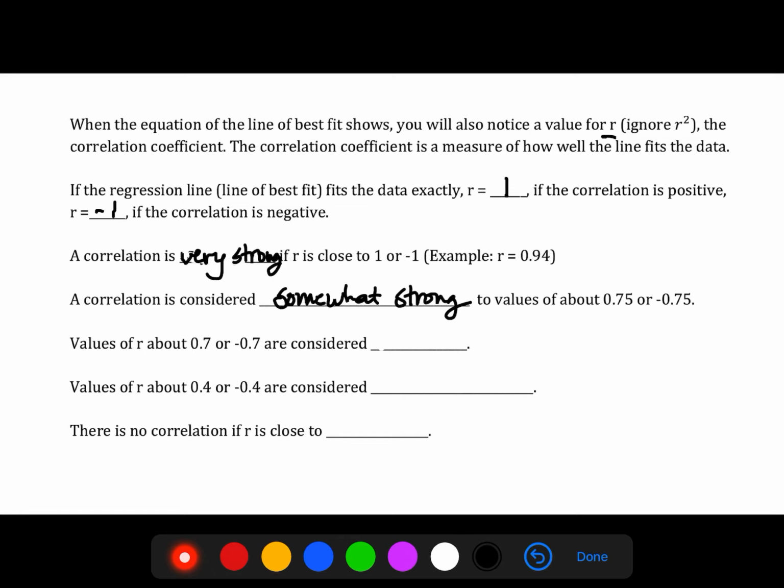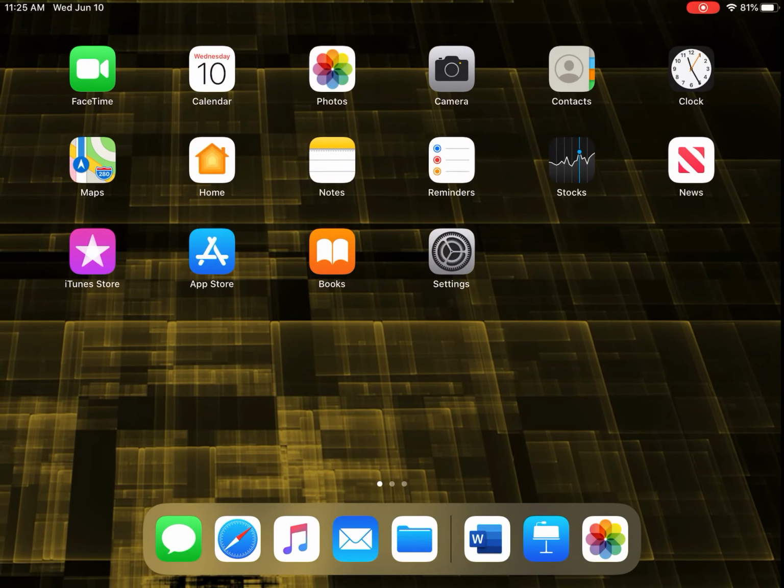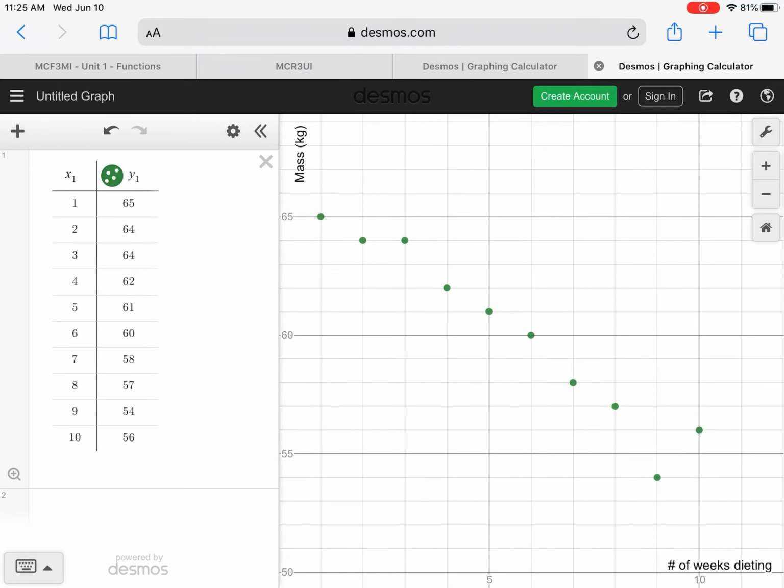Once we fall to 0.7 or -0.7, we're getting a little bit weaker. And 0.4 or -0.4 are considered very weak. And if there's no correlation, then our R value will be close to 0. The closer to 0, the more random the information is.